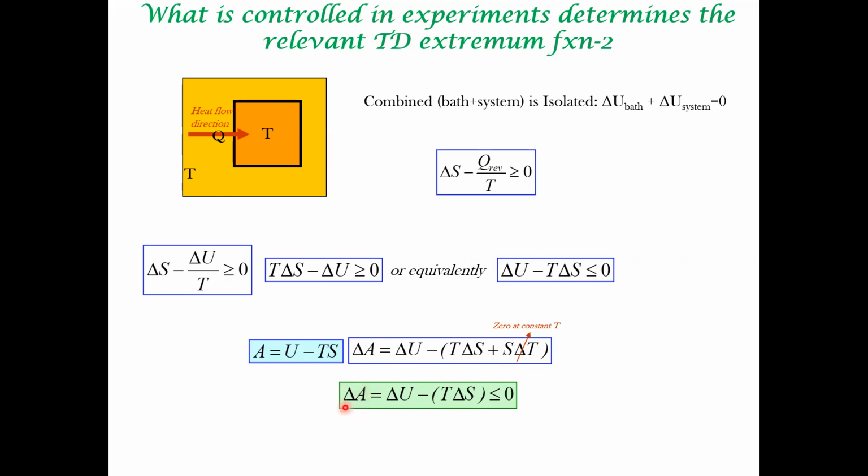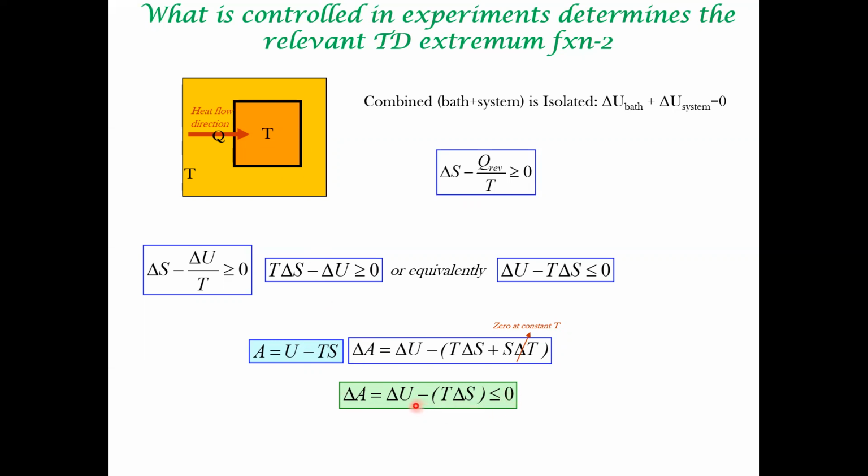where at equilibrium, del A is equal to 0, or for a system wherein, like from the previous slide, V is kept constant, T is kept constant, N is kept constant, I have delta A is less than or equal to 0.